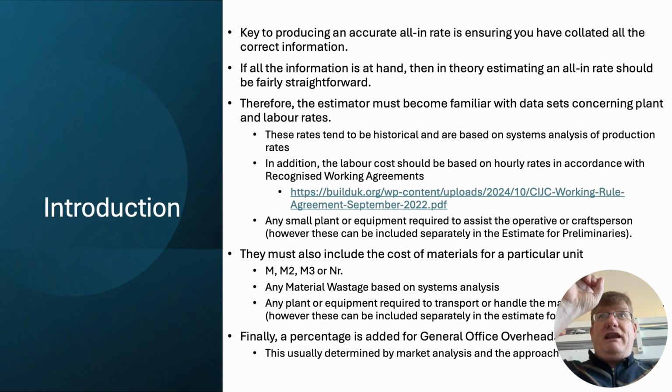Ultimately they will reflect your quantities in your bill of quantities. So you've produced this bill of quantities, and your rate for, say, a metre squared of concrete or brickwork will reflect an hourly rate that you've calculated, and then what we call working back. We convert that hourly rate into a metre squared rate.